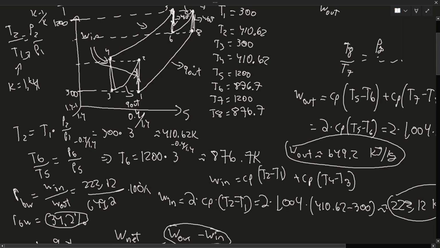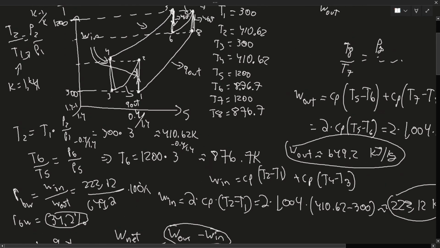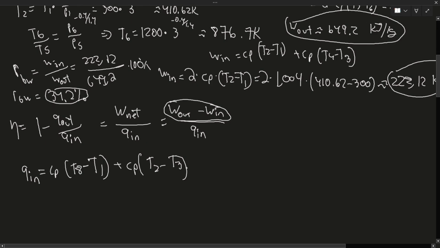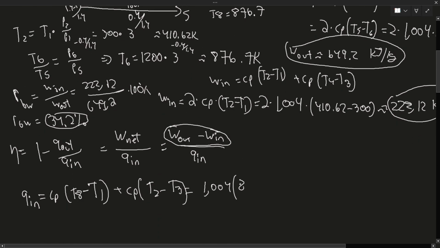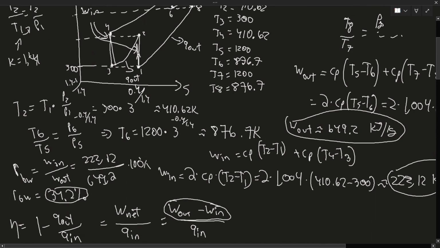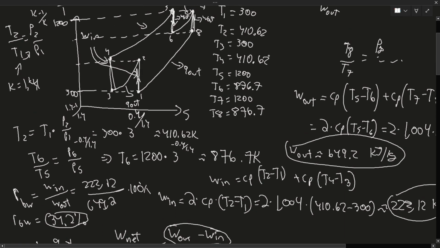But I have the values over here. Equals 1.004 times (T8, let me check, 876.7 negative T1, I think it was 300) plus 1.004 times (T2 was 410.62 negative T3, again, 300).